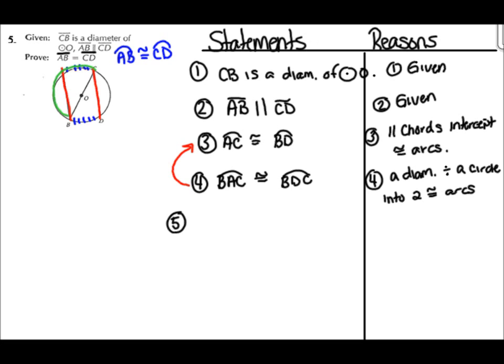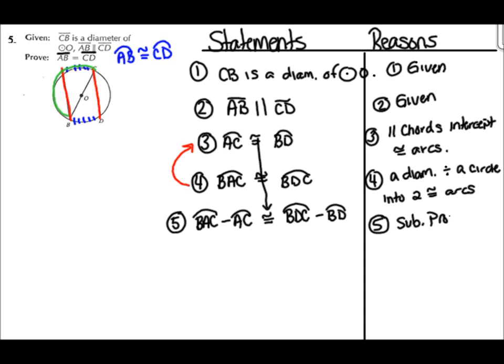Step 5 is going to be BAC, the big arc, and I'm going to subtract away little arc AC. Remember, drop down the congruency, and now take arc BDC and subtract away the little arc BD. That reason, remember, is the subtraction property.